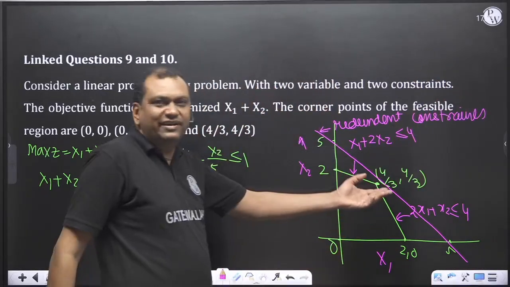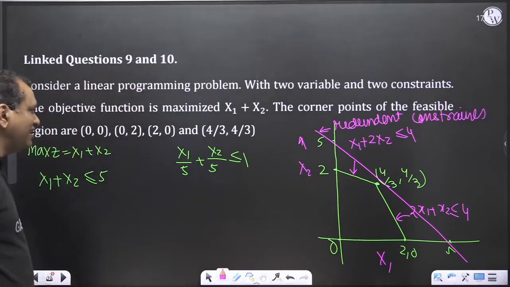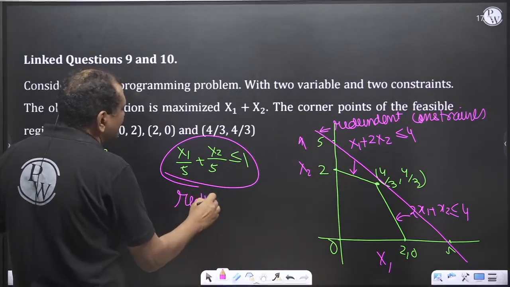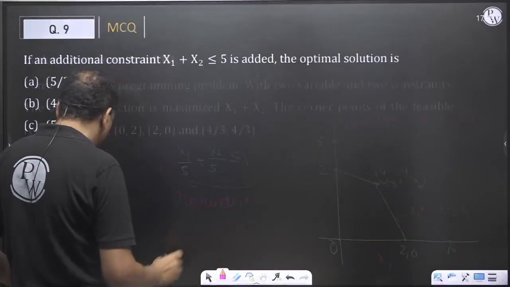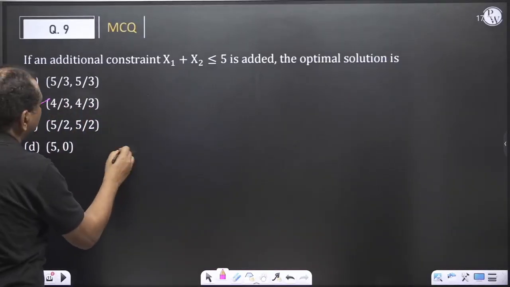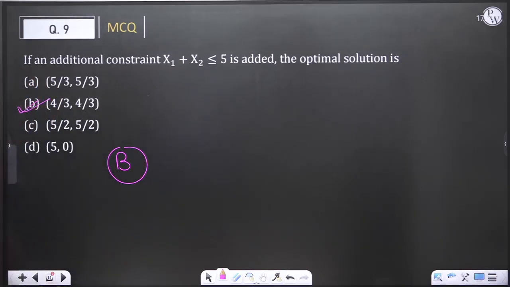So you can plot it. Even after adding it, because this constraint is redundant, my solution will still be 4 by 3, 4 by 3.